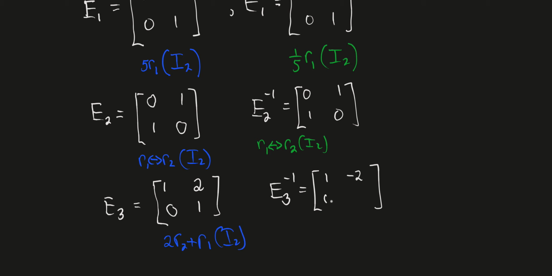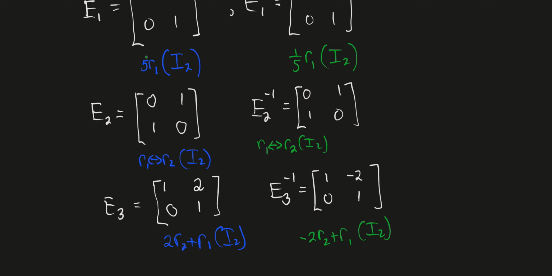Because the operation used to nullify this has to wipe out that positive 2. How do I do it? I take negative 2 times row 2 and add it to row 1. That will take me back to the identity. So this operation here would be this one.